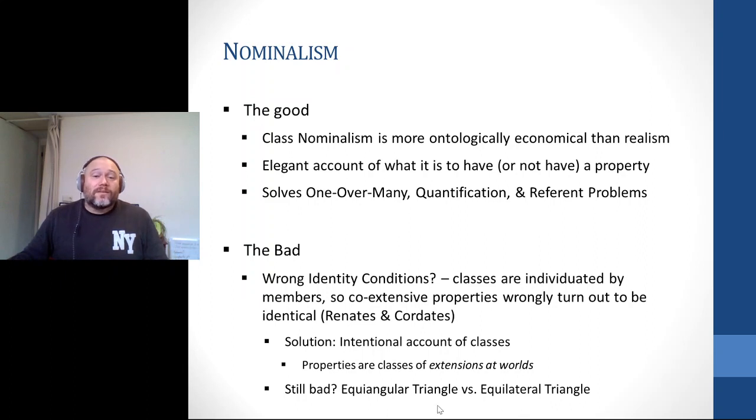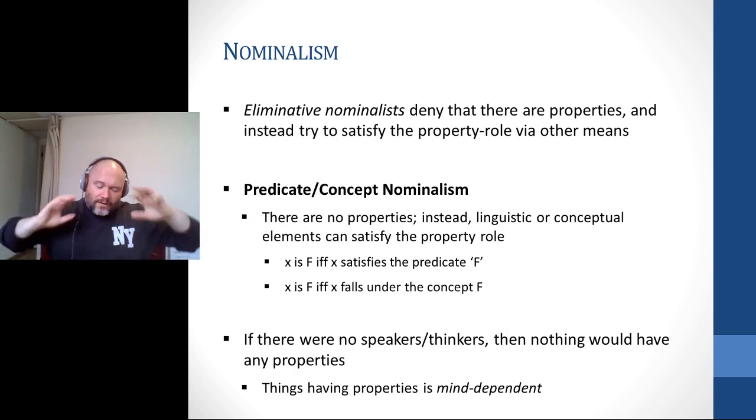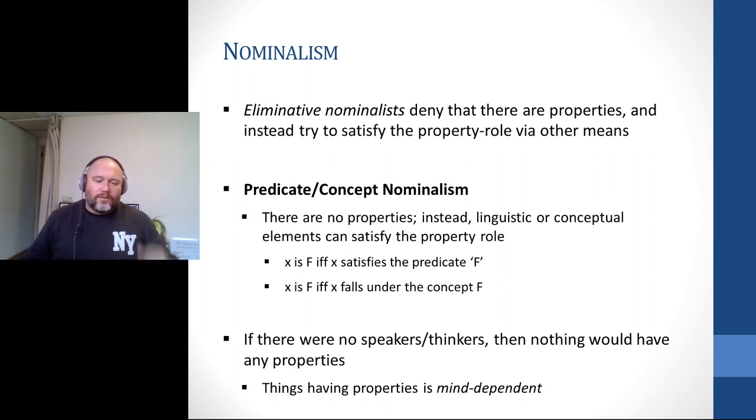You might think that even necessarily coextensive properties could be distinct. So, let's move on to our next one. The first two that we talked about, trope theory and class nominalism, were reductive nominalists. They still think properties exist.